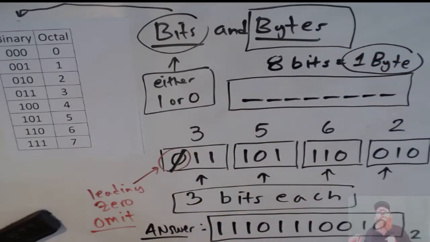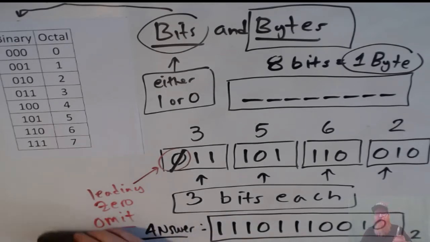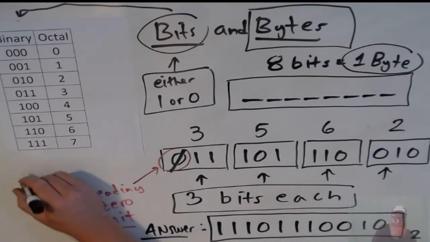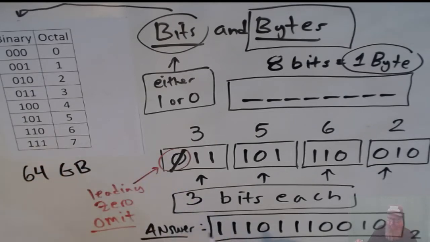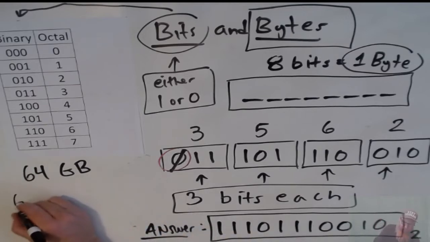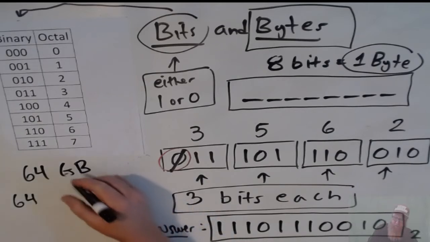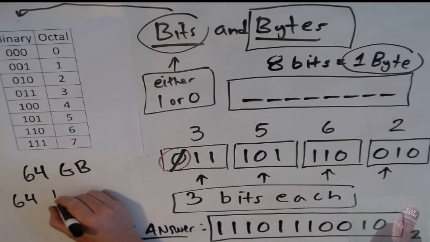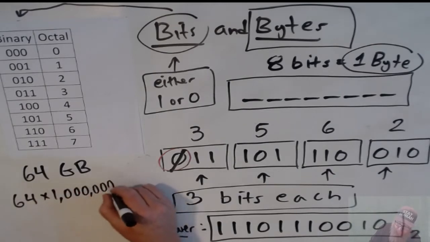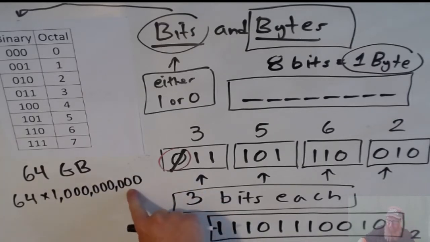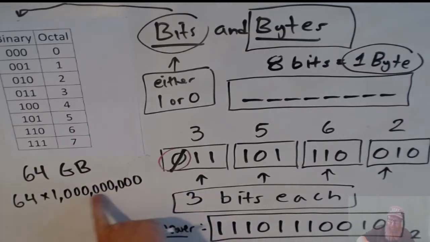1 byte. So when you look at your phone, and your phone says, I don't know, 64 gigabytes, that means 64 billion, let's see, kilo, mega, giga.